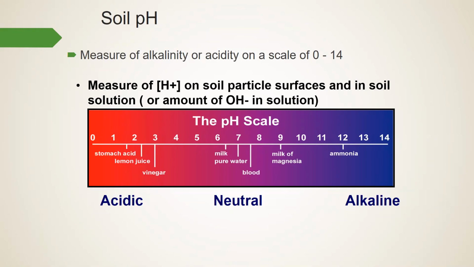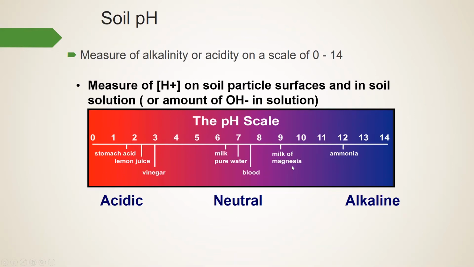In the same kind of definition, if we have a higher concentration of free hydrogen ions, we have an acidic soil, whereas if we have more hydroxide ions with those negative charges, we have a more alkaline soil.